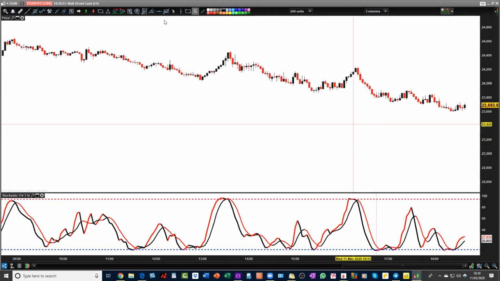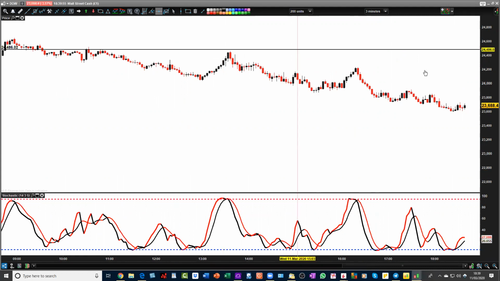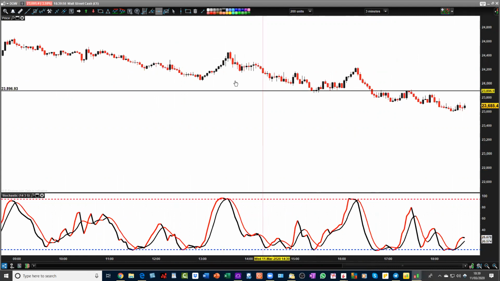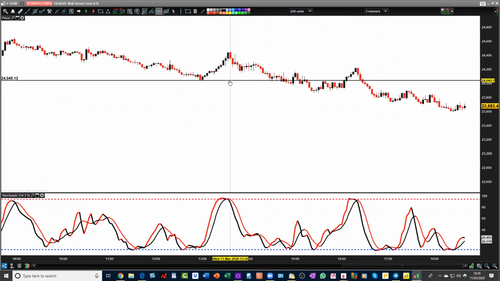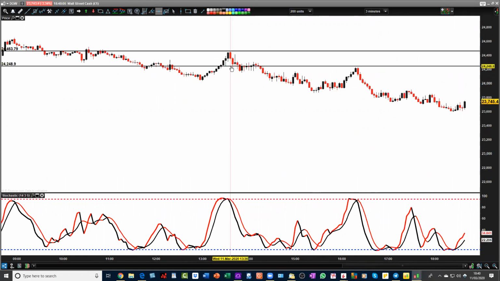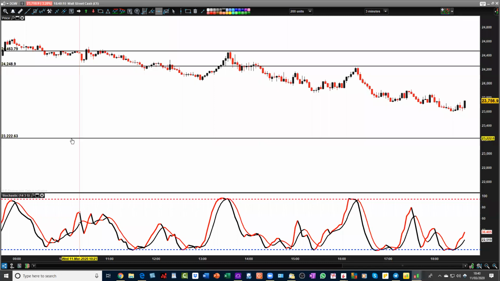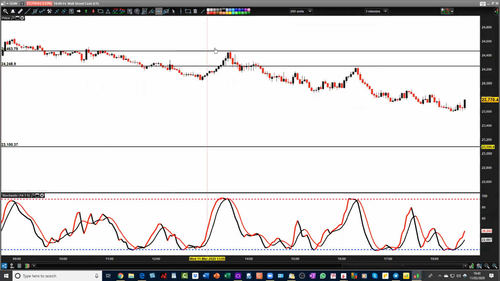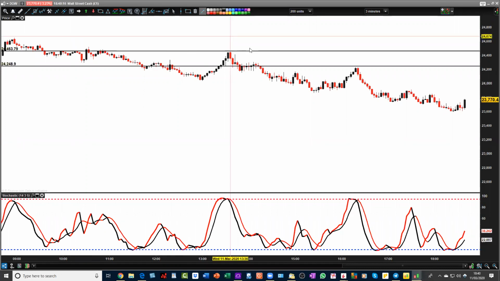As we've talked about before, mark your charts up for the open. So that's the open high and the open low. And whichever way you break from that range is your potential direction.